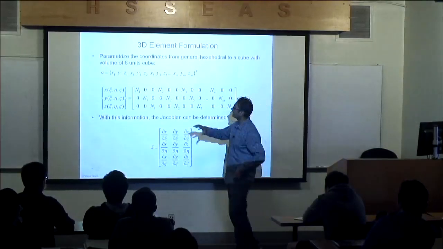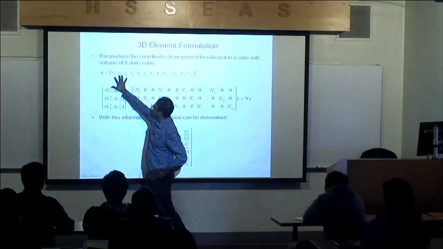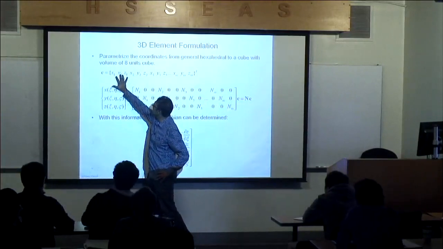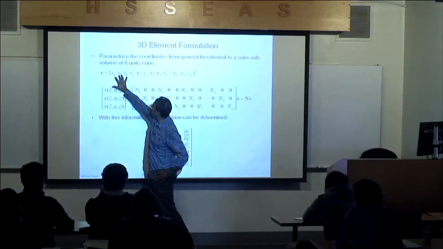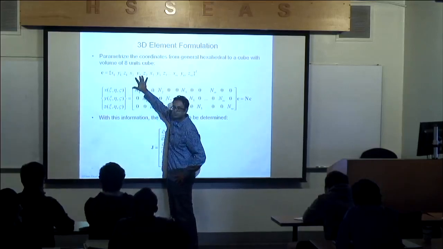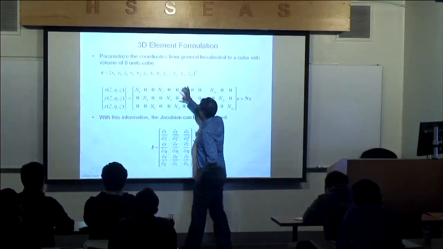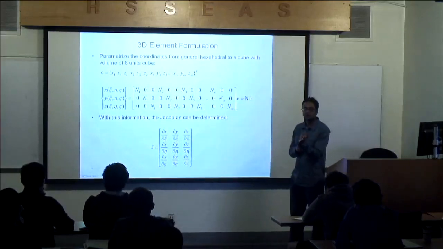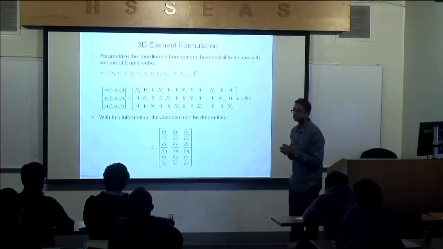And not only that, these are the coordinates of the nodes. And there's triples, right? So these are triplets: x1, y1, z1, x2, y2, z2. I need to know the coordinate x, y, and z for every node, right?